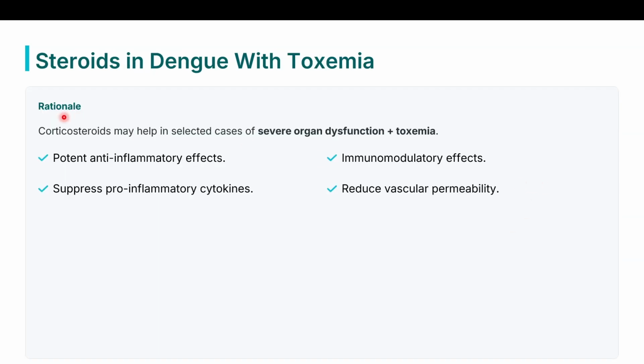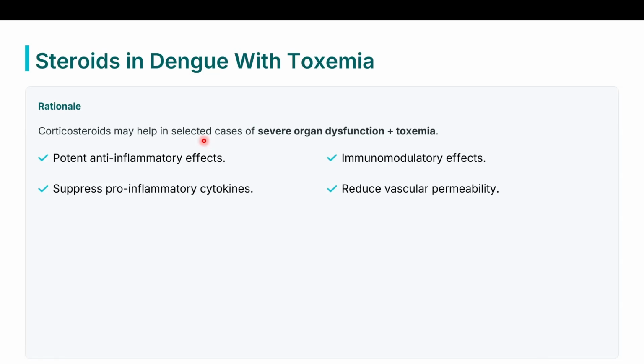Steroids. There is a very controversial role of steroids in dengue. Corticosteroids may help in selected cases of severe organ dysfunction and toxemia. There are not many randomized controlled trials supporting the use of steroids, but they are widely used in clinical practice, mainly in the subcontinent, with reported benefits such as reduction in toxemia, reduction in organ dysfunction, prevention of decrease in platelet count and hematocrit, and overall clinical improvement of dengue patients.